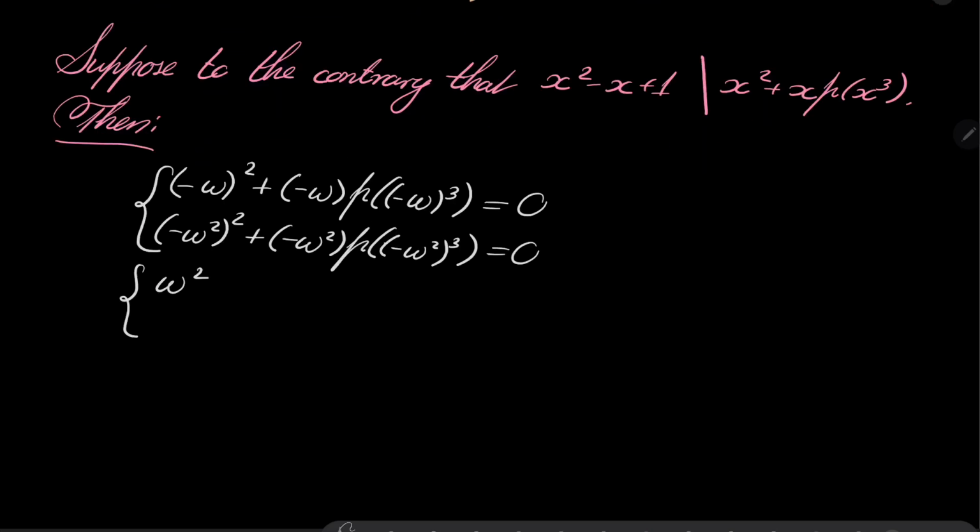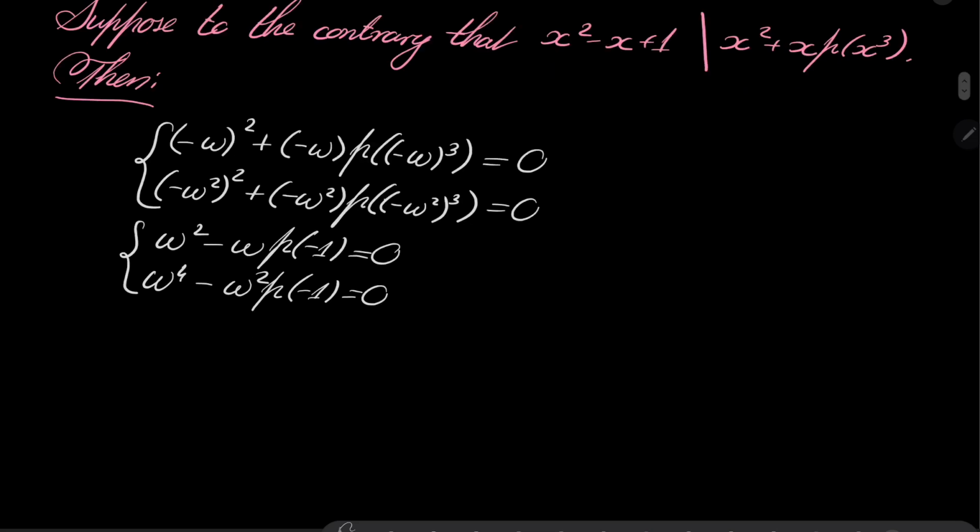It says that omega squared minus omega, and here notice that omega cubed is 1, so we have p of minus 1 equals 0. And in the second equation we have omega to the 4th power minus omega squared times p of, once again, minus 1 equals 0.